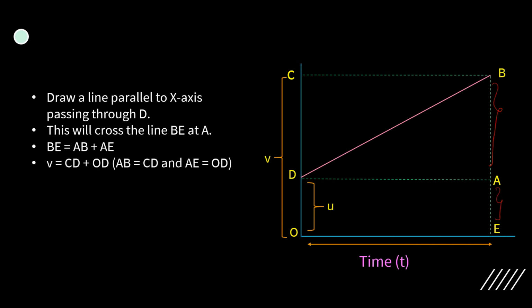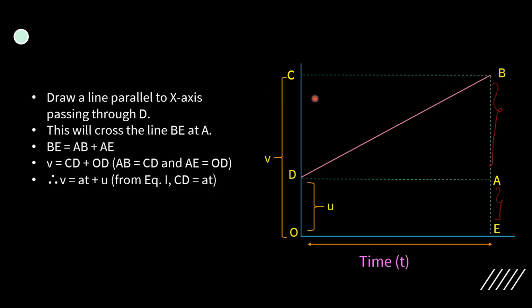But we already know that V is equal to CD plus OD. If you compare these two, you can clearly see that CD is equal to AB and OD is equal to AE. So using this relationship, we can write V is equal to AT plus U, because we have already derived the value of CD in equation 1, which is nothing but AT.